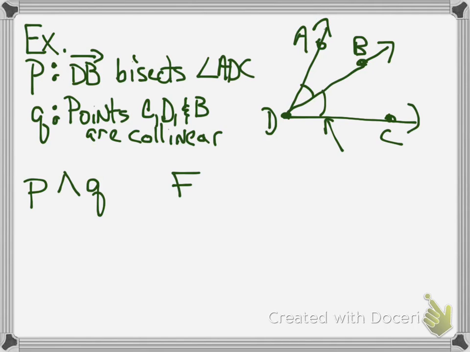So if I say P and Q, which would say DB bisects ADC and points CDB are collinear, that would be false because Q is false. But if I were to say P or Q, then because DB does bisect ADC, the whole statement, the disjunction, is true.